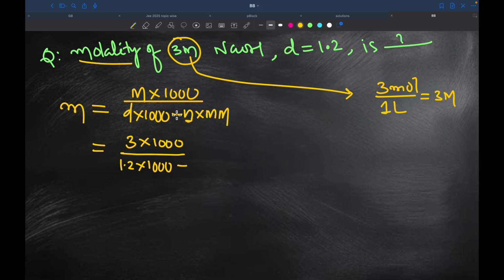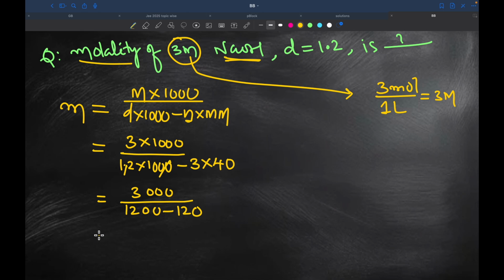So that's why my n is nothing but 3 multiplied by the NaOH molar mass, which is 40. Now we just have to solve this. This 0 gets cancelled, so 3000 remains on top. So here you have 1200 minus 120, right? 3 into 40 is 120. So it is 3000 over 1200 minus 120, which equals 1080, correct?